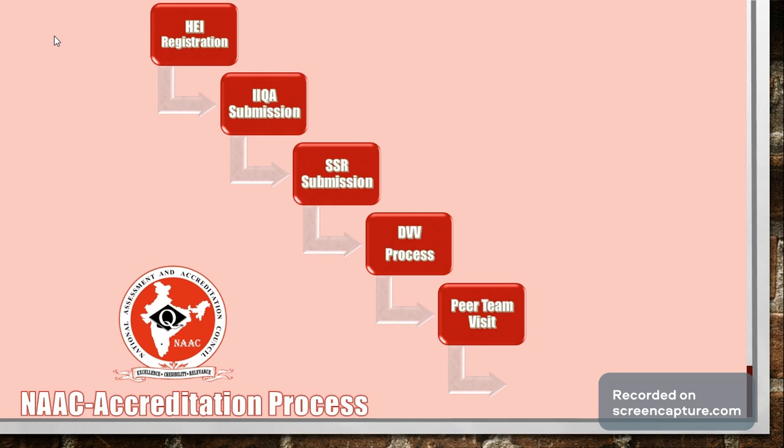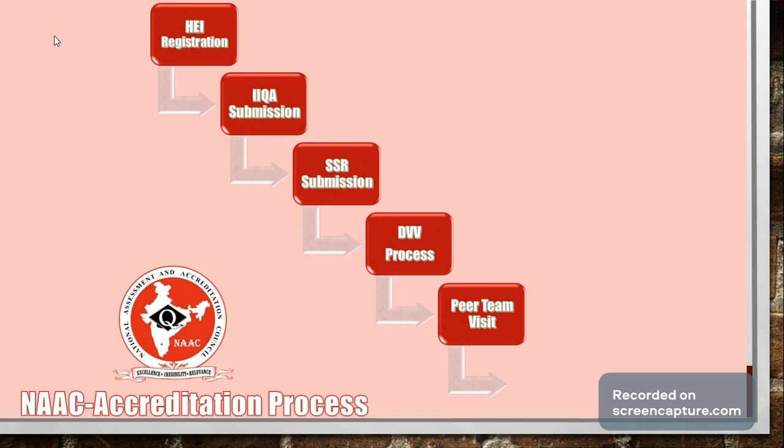The quantitative is done by the data validation and verification process, and the qualitative data will be assessed by the peer team visit in the organization. The team comprises different eminent academicians, researchers and senior administrators from the education arena, and they will assess the qualitative parameters.